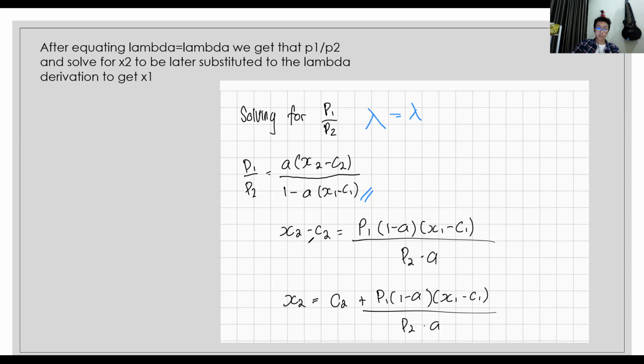Then we're going to solve for x2. Why are we going to solve for x2? Because later we're going to put x2 into the lambda equation and solve for x1. So, next step.